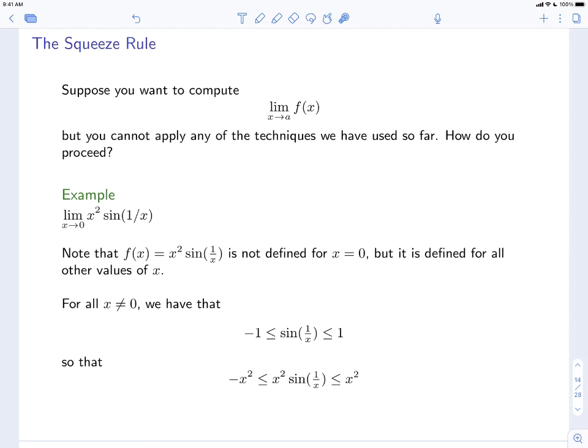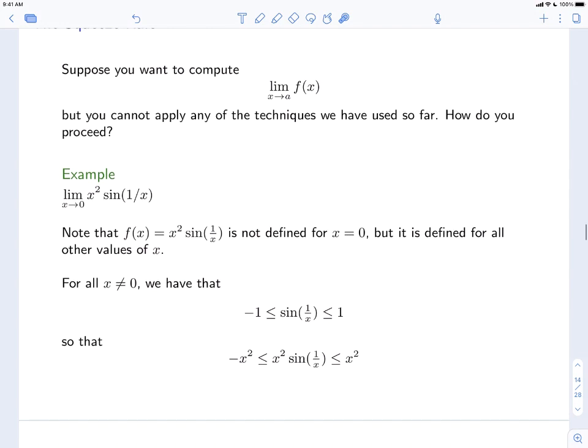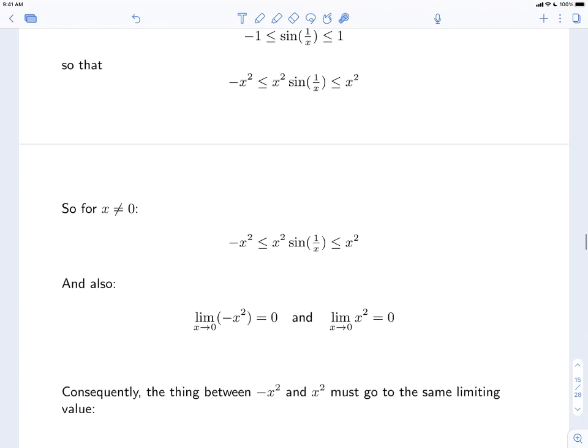And then we multiply all sides of this inequality by the positive number x squared. Then we have minus x squared is less than or equal to x squared times sine of 1 over x is less than or equal to 1 times x squared. So now we have some inequalities. And these inequalities will help us out somehow.